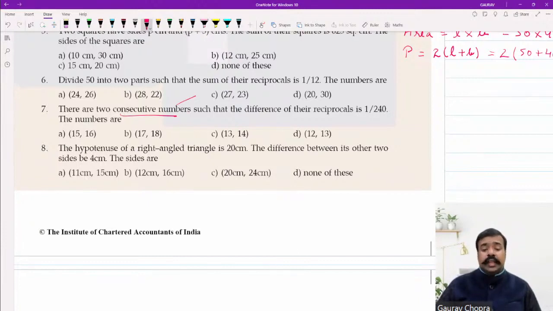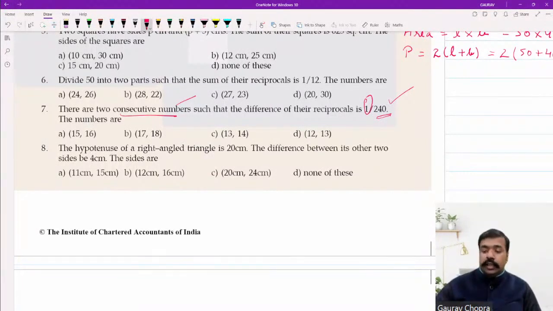A short trick can be that if we take the LCM of these two numbers, and if it is coming to 240, then that will be the answer, because in the numerator only 1 is there. So 240 will come only when their LCM is 240. Let us try for 15 and 16.